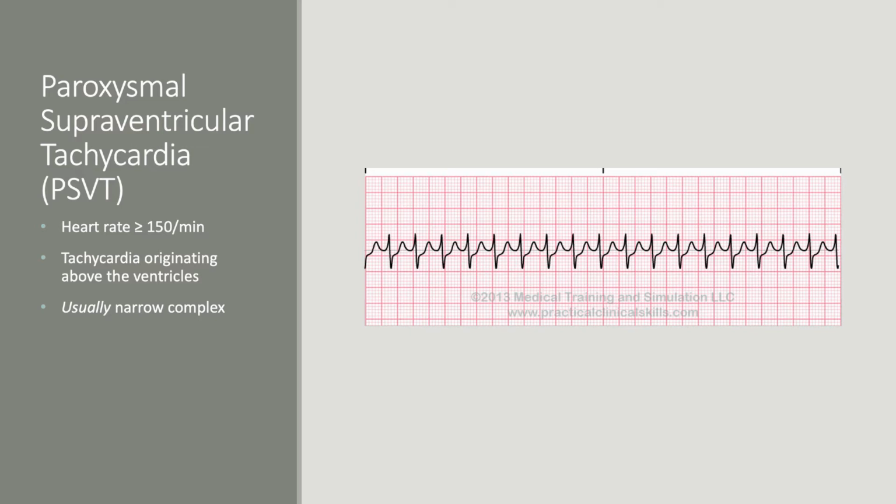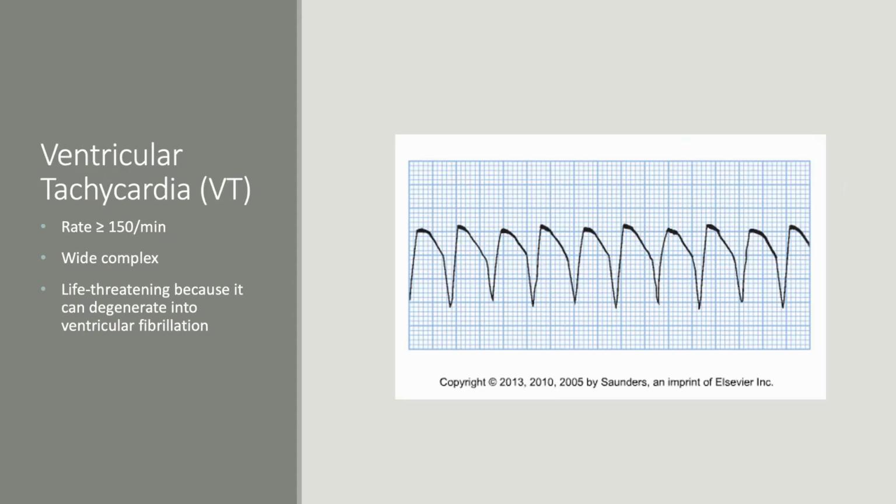Whenever you see a narrow complex tachycardia, that's always SVT. Now, sometimes SVT can be wide complex, but that we'll talk about when you're senior in 405B, actually 405A, but whatever. For our purposes, if it's faster than 150 and narrow complex, we're going to call it PSVT.